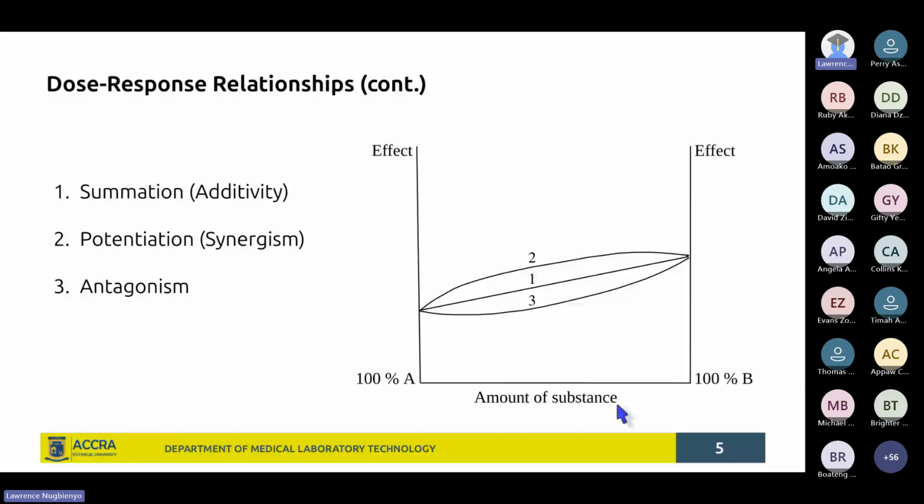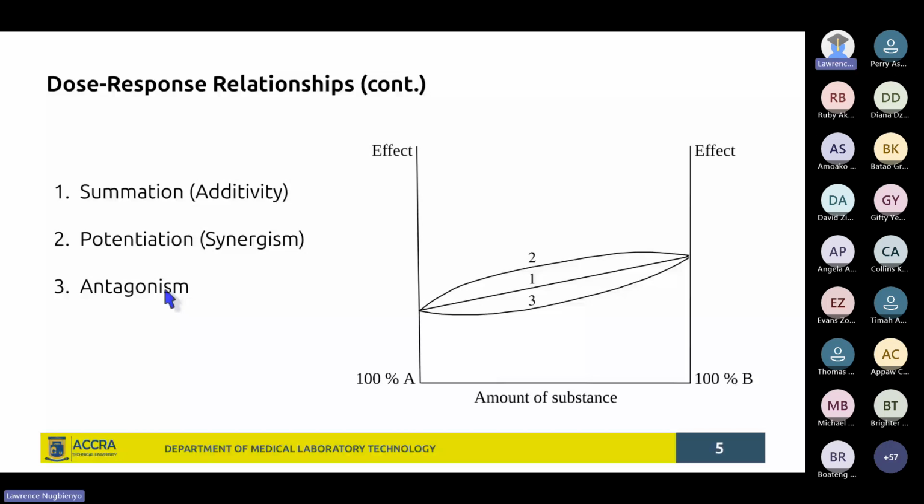Then we have what we refer to as antagonism, which is represented by the third curve, which is curved downwards. That is the opposite of potentiation or synergism.